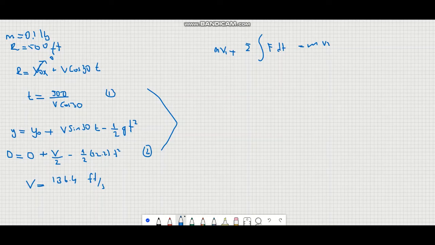So we know that the initial velocity is going to be, initial momentum is 0. Before the impulse, before this force, the ball is at rest, so there is no momentum. Due to the acting force, it starts to activate and then gives momentum.